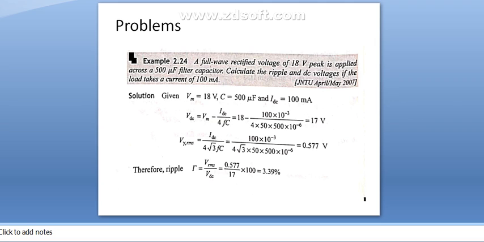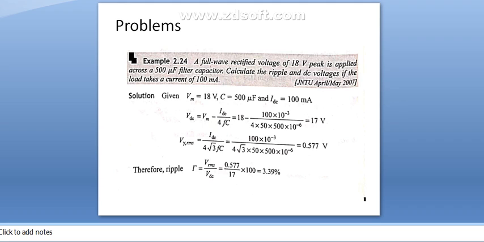So from this we have to calculate the ripple and DC voltage. So here VDC equal to Vm minus IDC by 4FC. So substitute these values, and VRMS is IDC by 4 root 3 FC. So from this we can calculate the ripple factor.